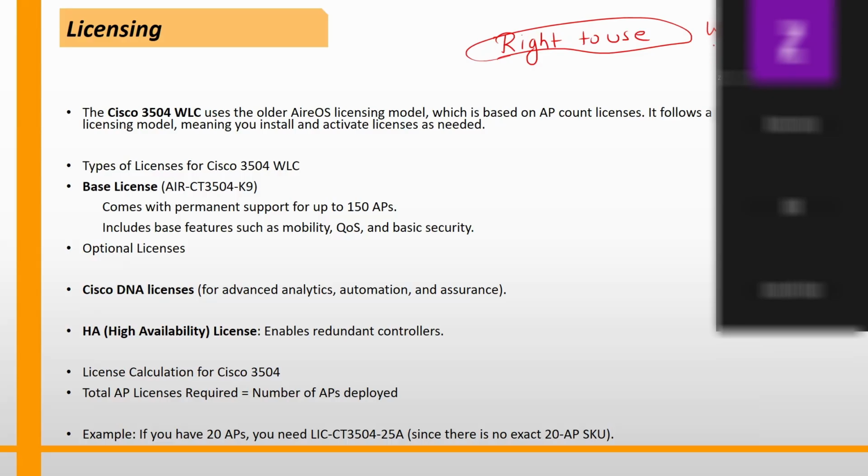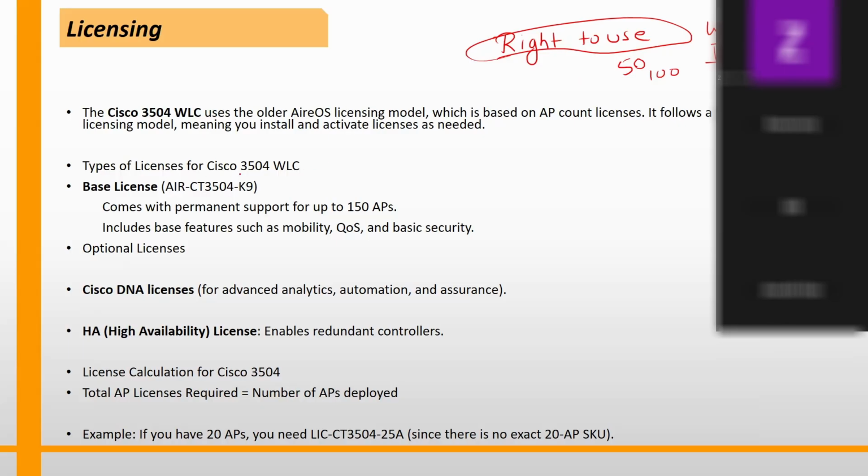But when you raise a request with Cisco TAC and you have purchased the RTU license of 50 APs, but Cisco TAC discovers that you are using 100 APs instead of the 50, then they might not support you. So the licensing is not going to restrict you from using the APs. It is the hardware capability that restricts in 3504.